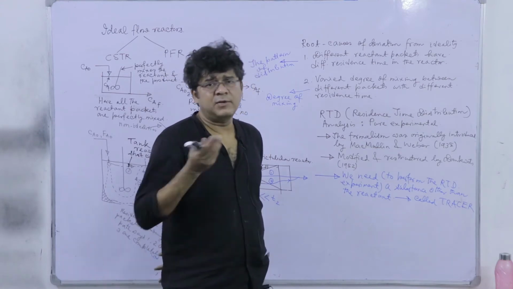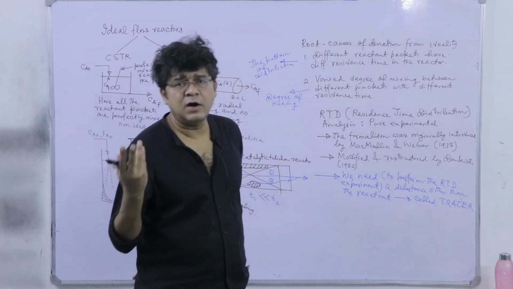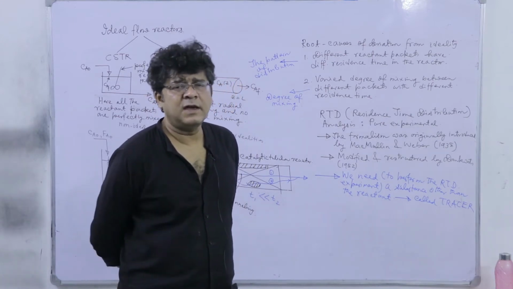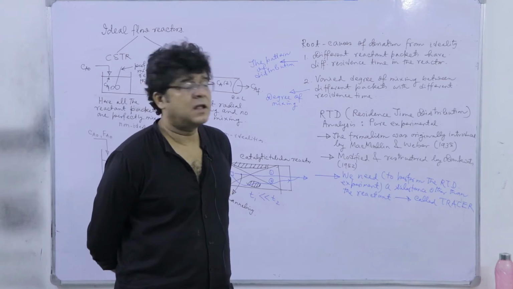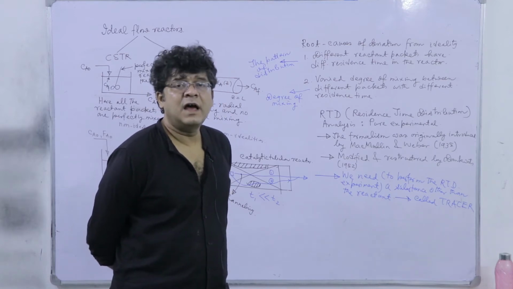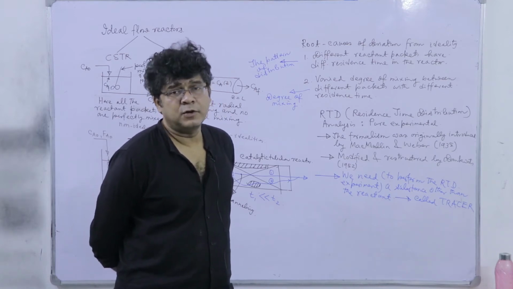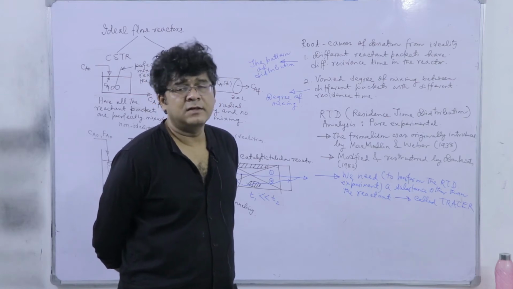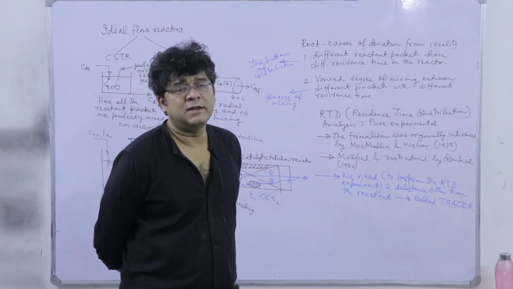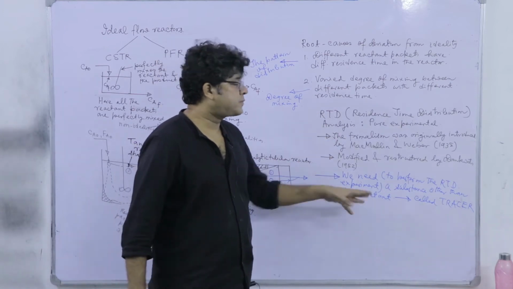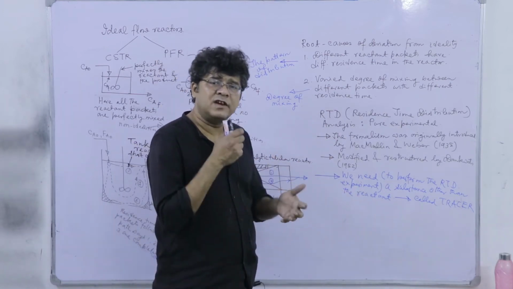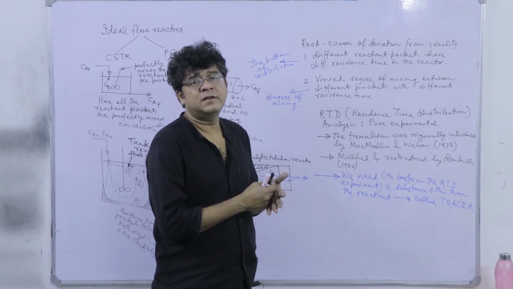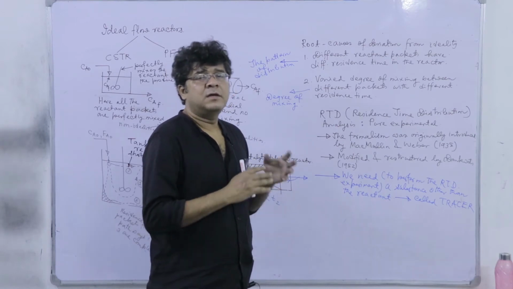We have taken a sample of catalyst from the reactor and checked it. We have got the result that it is performing fine, but still the conversion is dropping. So, we have to go for a diagnostic approach, right, and the problem can be resolved by RTD analysis. So, in this case we have to inject the tracer at the inlet of this reactor, in a stream of flowing reactant.